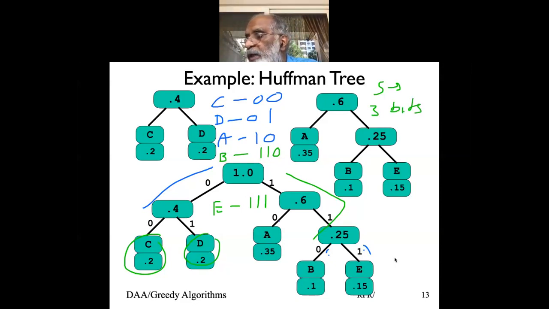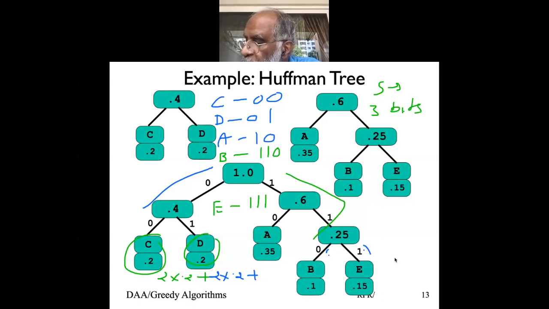But now in this case, my average encoding length would be less. If I were to calculate the average encoding, look at C: length of C is 2, probability is 0.2, plus D is 2 again, with probability 0.2. So 2 into 0.2 plus A, probability is 0.35, and length of A is again 2.